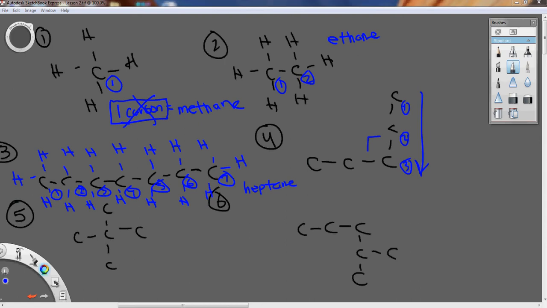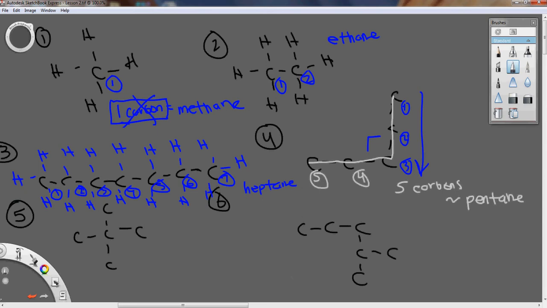When I talk about path, I mean going through the compound without going in reverse. So you'd start here, you keep going, and as long as you don't go backwards, it's okay. So here we include all the carbons. So we had 1, 2, 3, 4, and 5. So hopefully you guys remember from the last video that a 5-carbon compound is pentane.